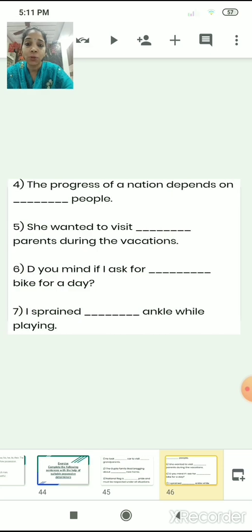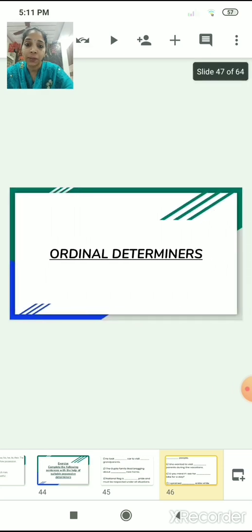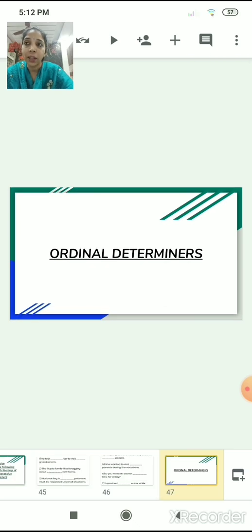Now let us move towards the next determiner. Ordinal determiners. You might have heard of these words, ordinal numbers, cardinal numbers. We use them mainly to put things in an order. We most commonly use ordinal numbers as determiners.